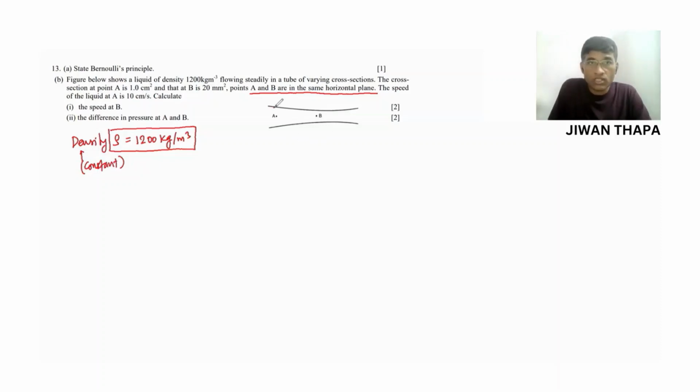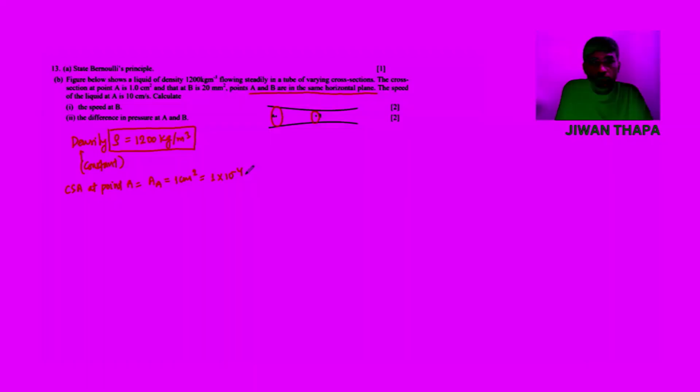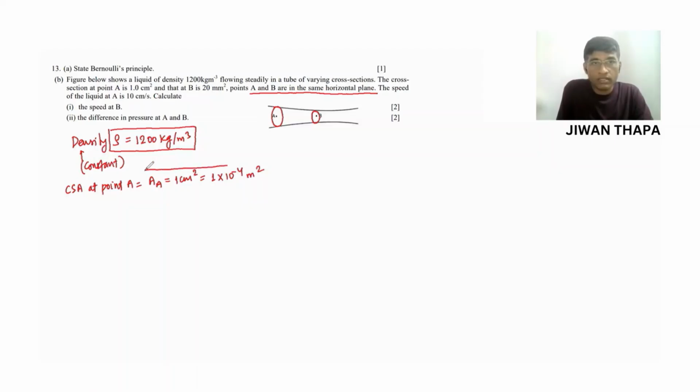We can see cross section at A and cross section at B is not same. So I'm writing CSA, cross-sectional area at point A. So this is AA, and this is 1 centimeter square, and we need to change this to 10 to the power minus 4 meter square. We must change the given quantity in SI system wherever necessary.